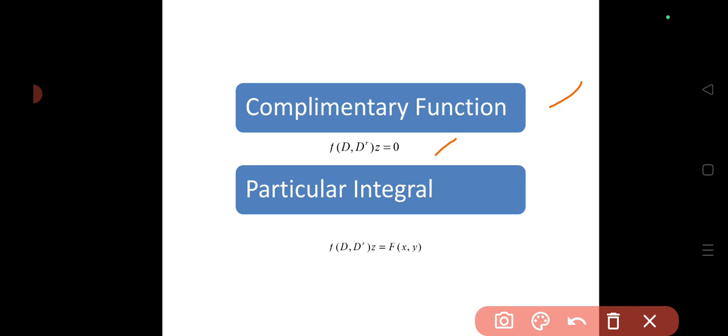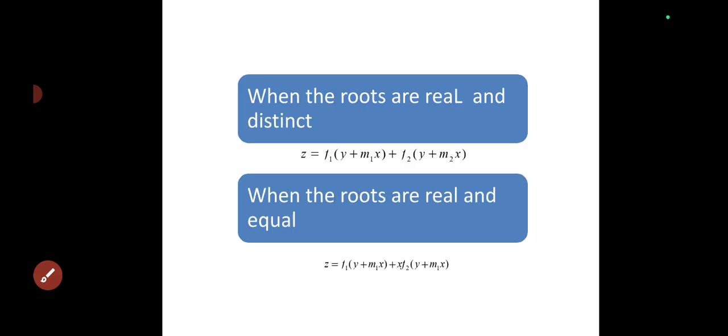Whenever the problem is given in the form of f of D comma D dash whole of z is equal to capital F of x comma y, we need to find both the complementary function and also the particular integral. Next, in this video, in particular, I am going to deal with the problems on complementary functions only, and I am discussing those cases.